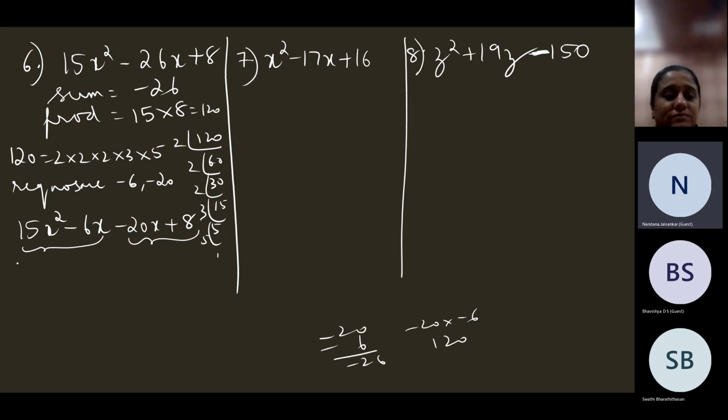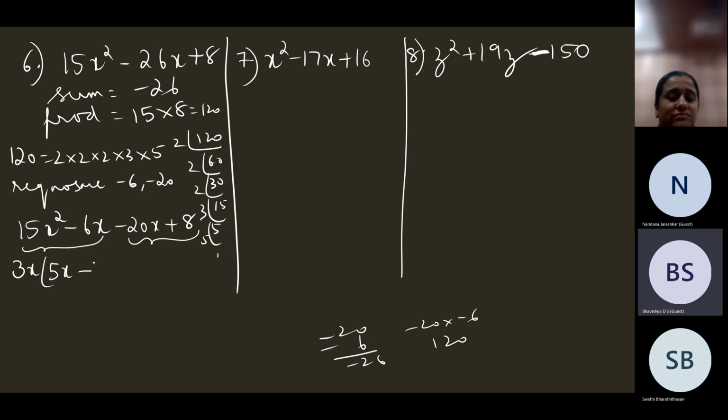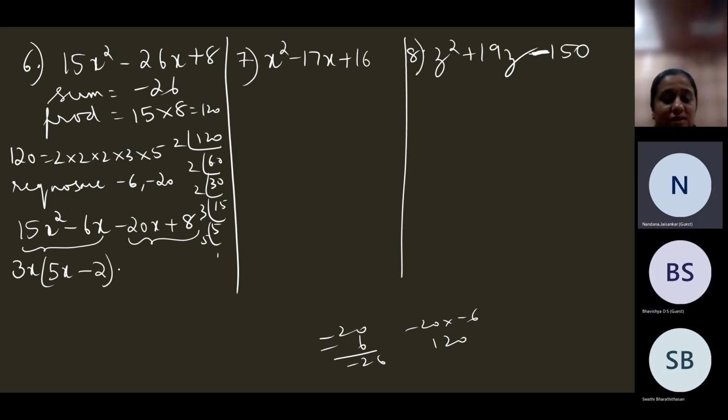First tell what's the HCF of 15x squared and 6x? 3, ma'am, and the least factor x. Very good. So 3x is common. 3x, and 5x, and minus 2. 3x times 5x minus 2. Then this minus sign you should put as it is.